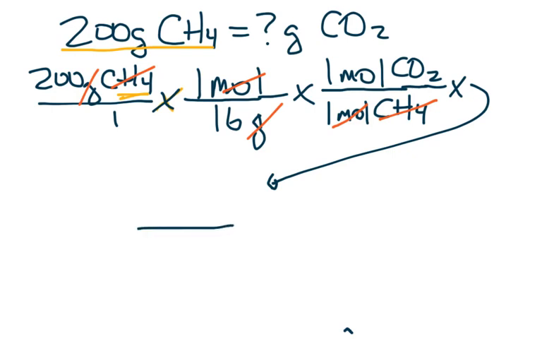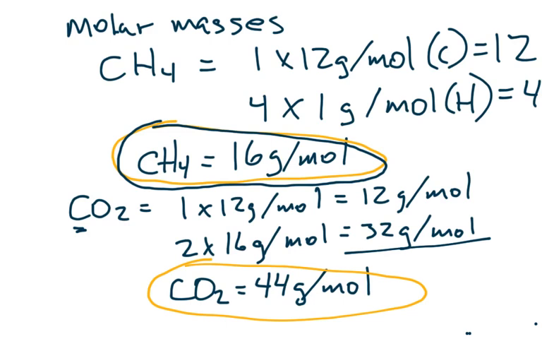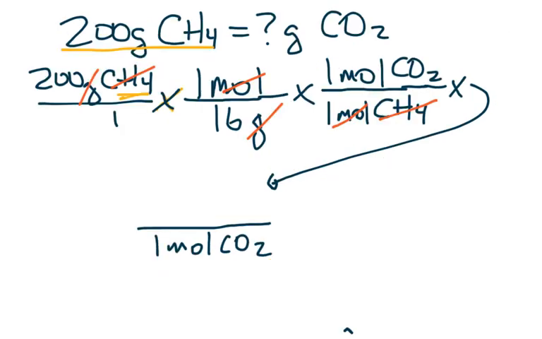So for 1 mole of CO2, how many grams are there? Let me go back to this. CO2, there are 44 grams per mole. So 44 grams of CO2. Now I can cancel some things out. So CO2 and moles cancels, and I end up with grams of CO2, which is what I want right here.